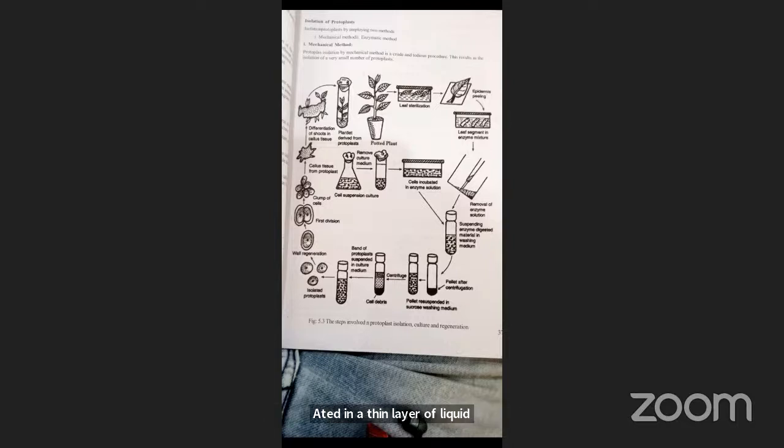In the co-culture of protoplast technique, chemicals are used which help in the regeneration of the cell wall and cell division. And the third one is the micro droplet technique.